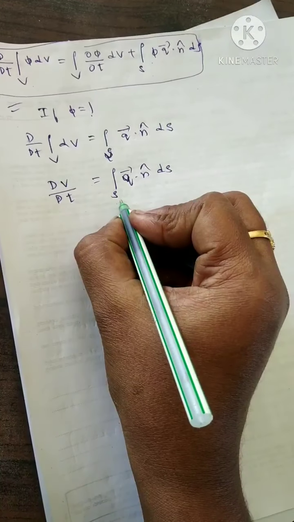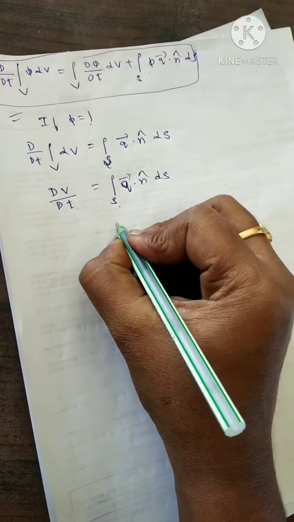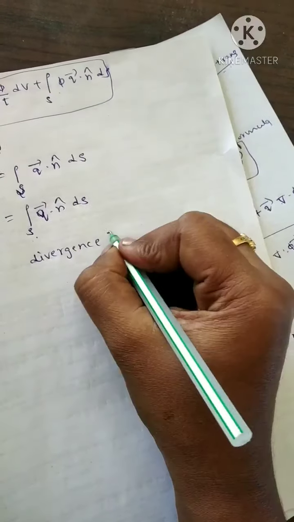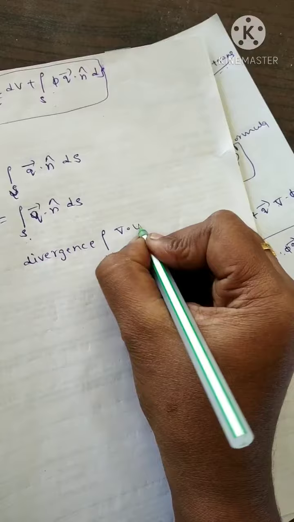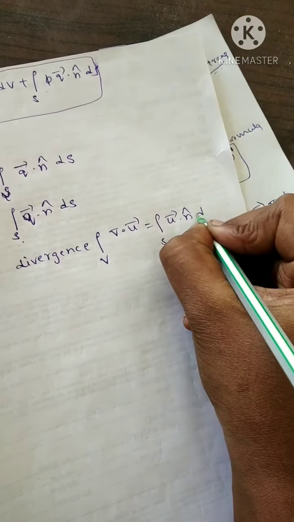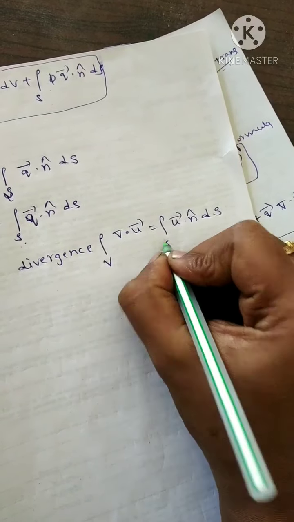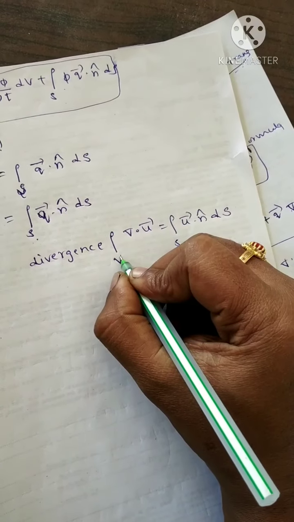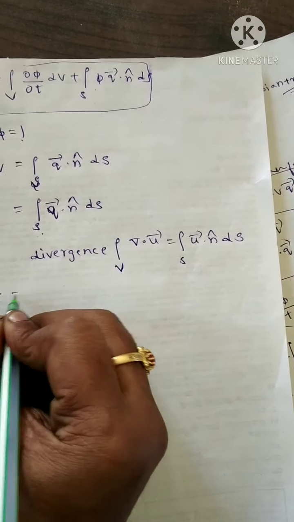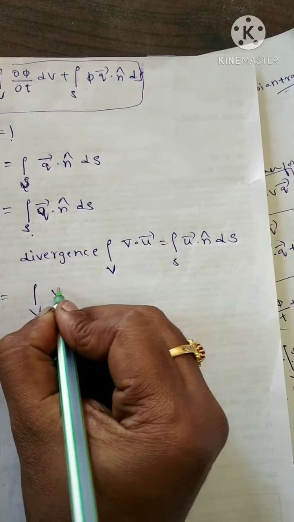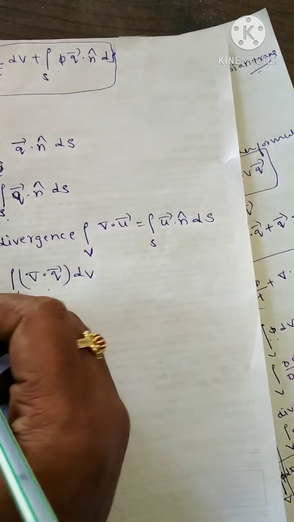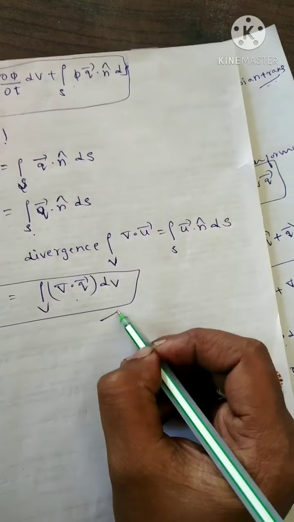Now you have a surface integral. By applying the divergence theorem, you have to remember the divergence or Stokes theorem since we are using it in all the derivations. So divergence of u integrated over volume is equal to the surface integral of u dot n cap into ds. I am converting the surface integral into a volume integral. So I can write this as dv by dt is equal to volume integral of del dot q dv. I have converted the surface integral in terms of a volume integral. So this is the special case.